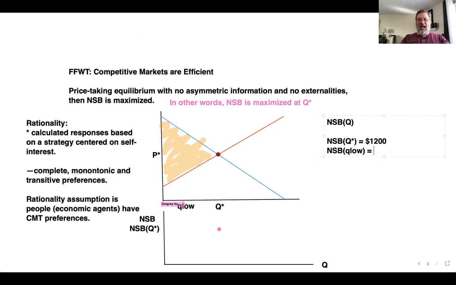If NSB at Q star is truly the maximum, then this new net social benefit should be lower than $1,200. It should be something like maybe $900, right? And can you see how I would calculate the NSB at Q low?